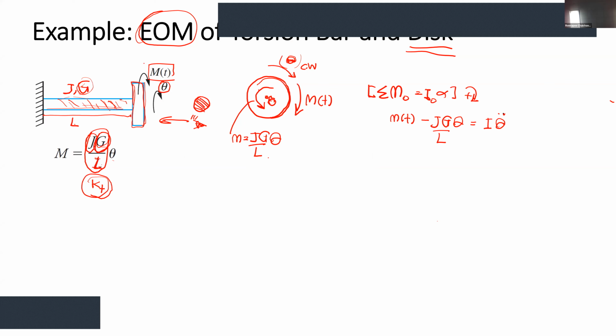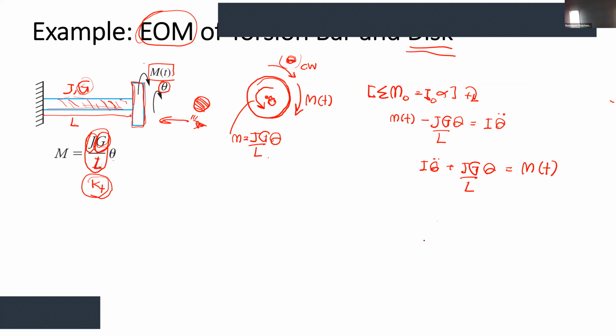So from here, again, our concept is to separate the terms of coordinate on the different side from the input. So we're gonna have I theta dot dot plus Jg divided by L theta equal to mt. I hope you're familiar with this kind of relationship.